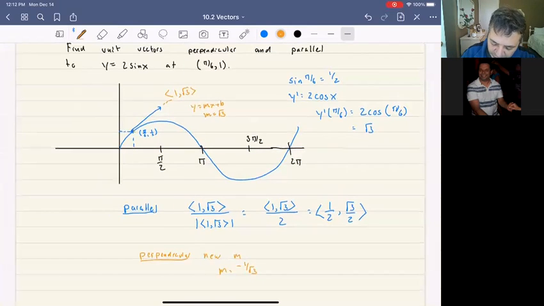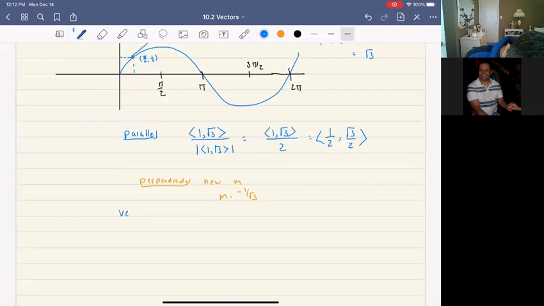Okay, so a vector perpendicular to 1 comma square root of 3 is 1 comma negative 1 over square root of 3.